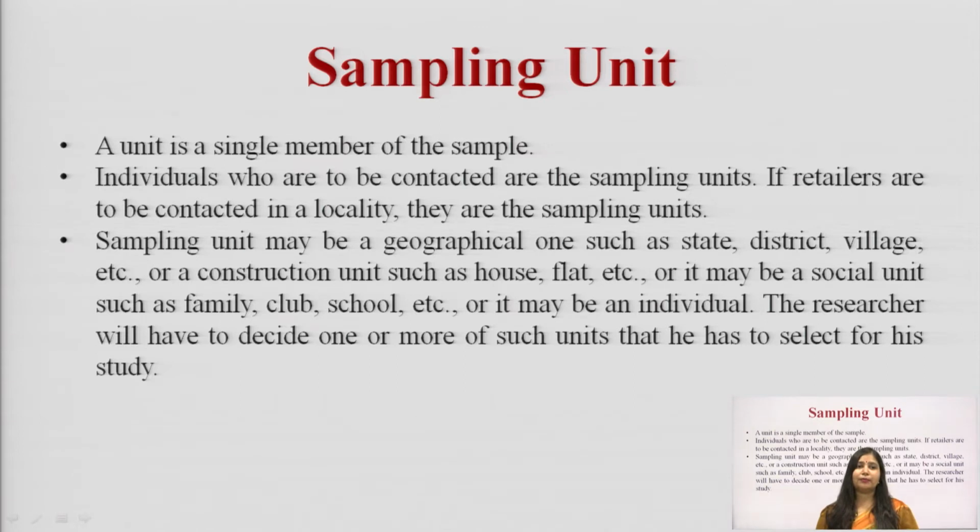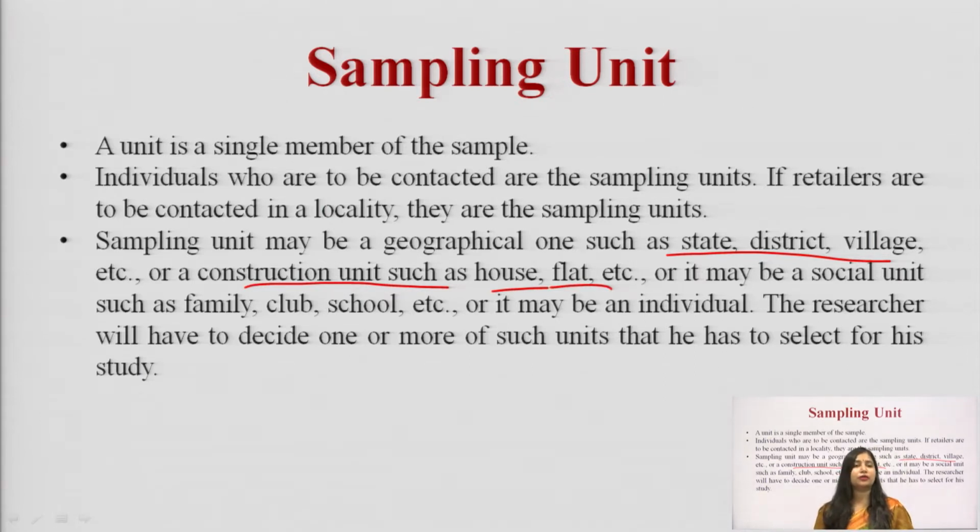The sampling unit may also be geographical. You can say a geographical area will also be a sampling unit, such as a state, district, village, etc. And construction units such as houses and flats will also be your sampling unit.